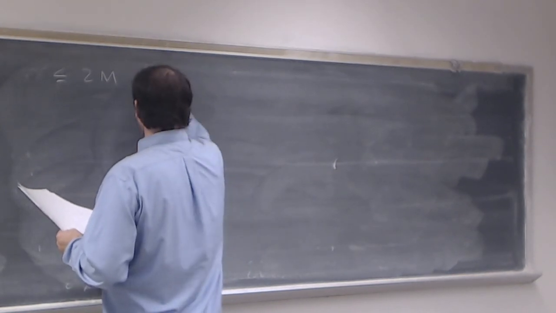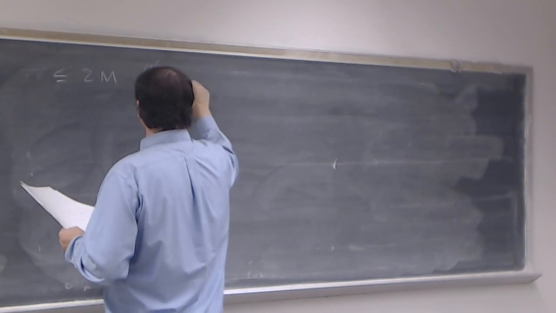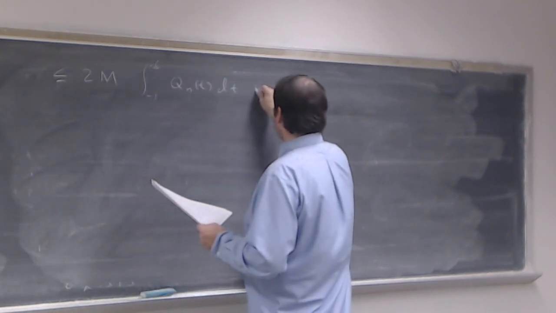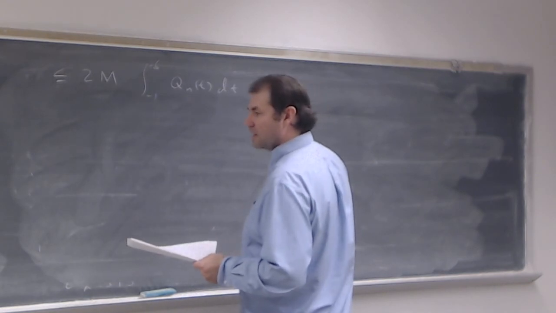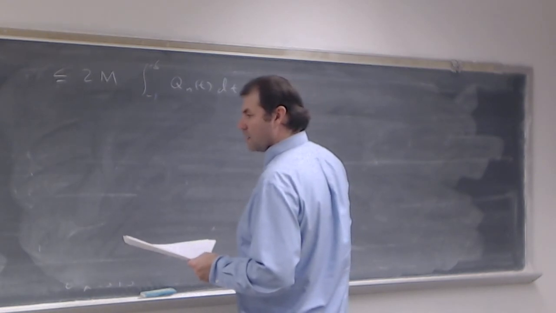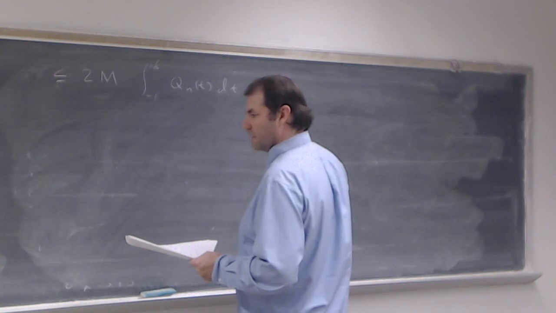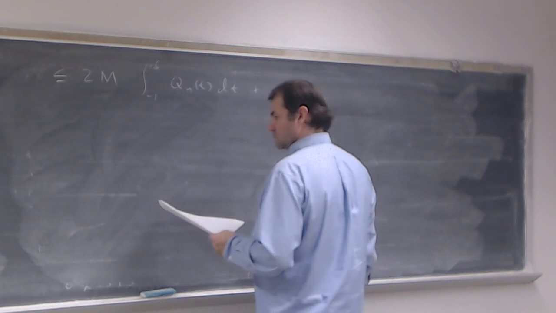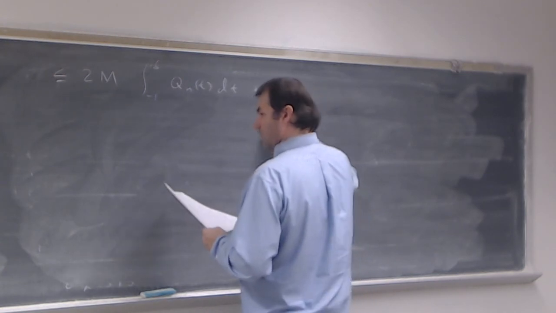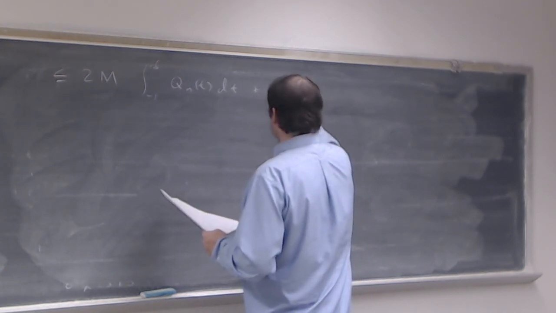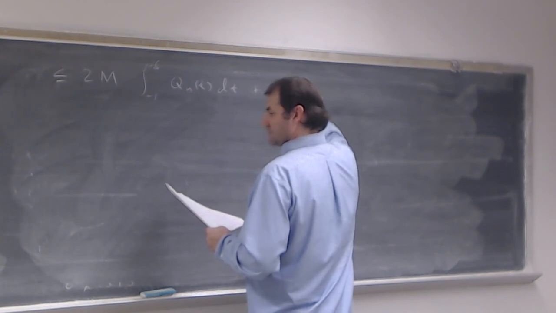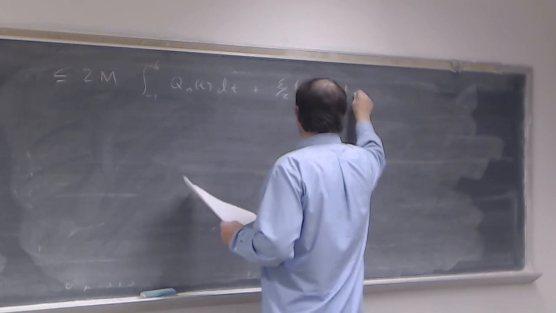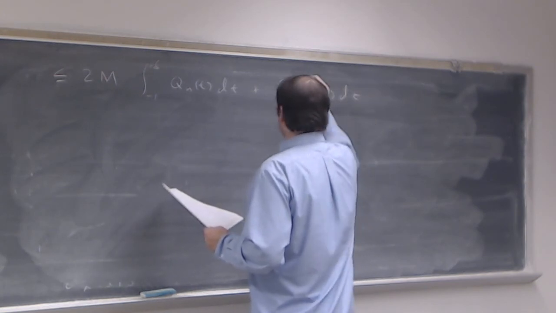And then I have the integral from minus 1 to minus delta of q sub n of t dt. Plus that middle interval we had, because we're talking about in between the deltas here, that's going to be less than epsilon over 2 times the integral of q sub n of t dt, from minus delta up to delta.